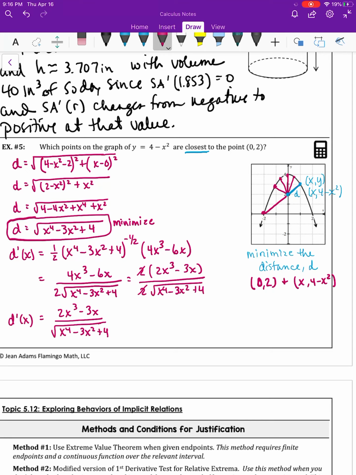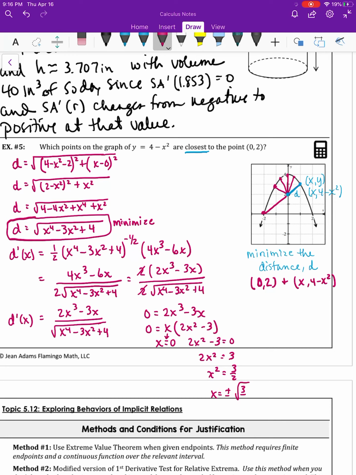And so my derivative equation becomes 2x cubed minus 3x over the square root of x to the 4th minus 3x squared plus 4. So now I want to see what makes that 0. Whatever makes it 0 will make my numerator 0. That's how I get my 0. And then I notice that there is an x that can be factored out.